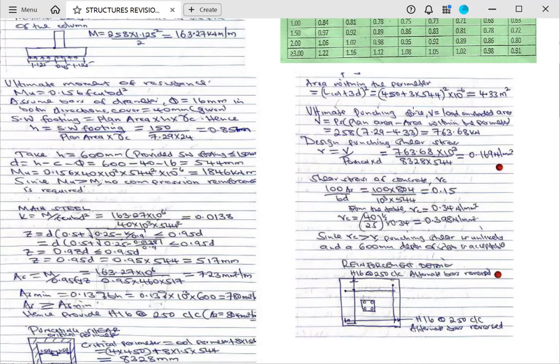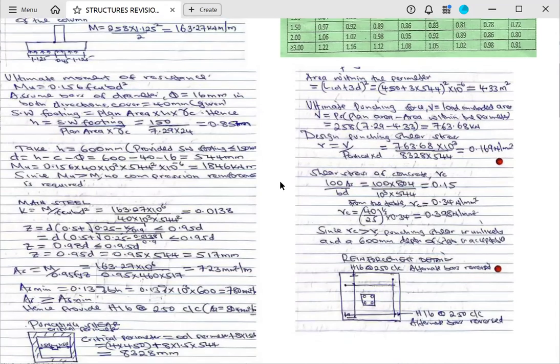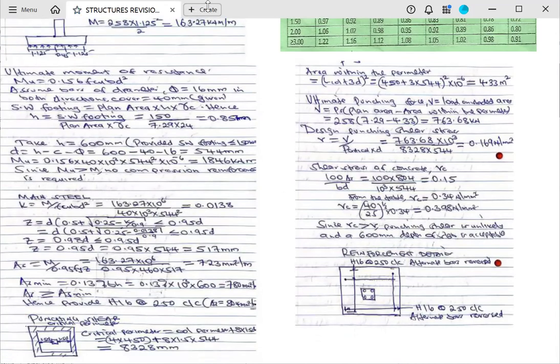Now, the ultimate punching force V is equivalent to the load on the shaded area. Now, this is the shaded area. I think I can show you. So this remaining thin area is the shaded area.